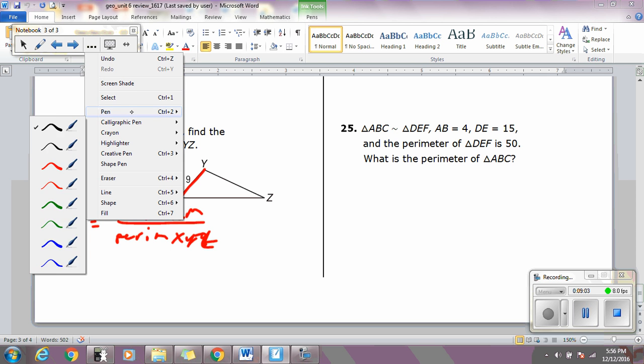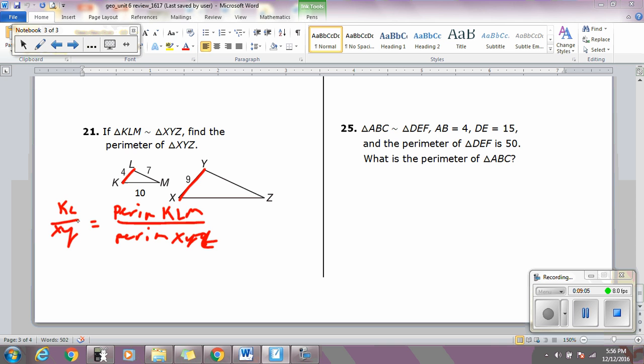So fill in the values that I know. KL is 4, XY is 9. I find the perimeter of KLM by taking 4 plus 7 plus 10. And I don't know the perimeter of XYZ, so that is X.